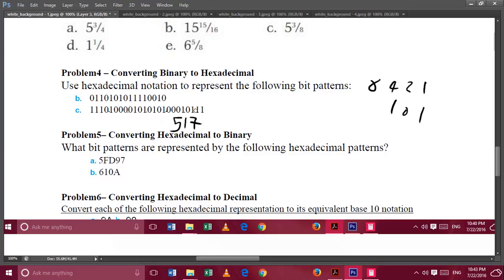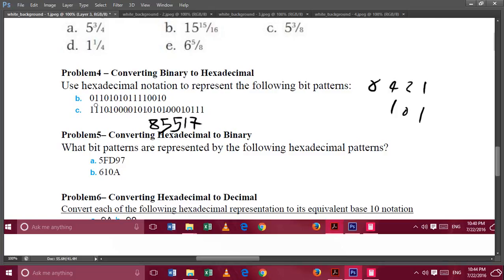Okay, so we've done 1, 2, 3. So we are here now. So again, 1, 0, 1. So that's another 5, if I'm not mistaken. And then this number here, 0, 0, 0, 1. That would be 8. So 8.